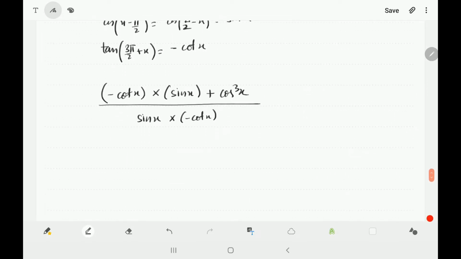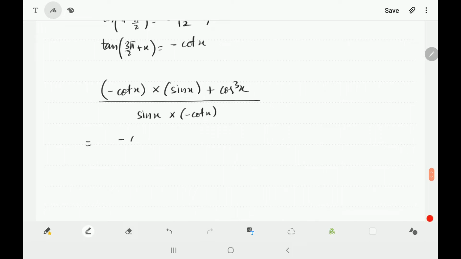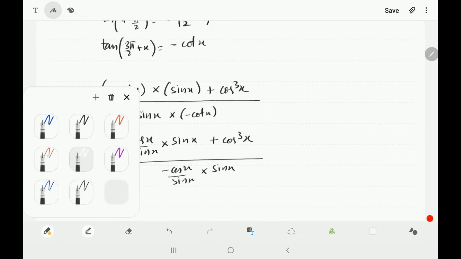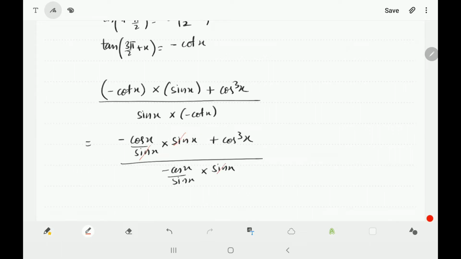Okay, now let's simplify this term. Now cot x can be written as minus of cos x by sin x into sin x plus cos cube x divided by minus cos x by sin x into sin x. Okay, so sin x and sin x will cancel out with each other in the numerator as well as denominator.